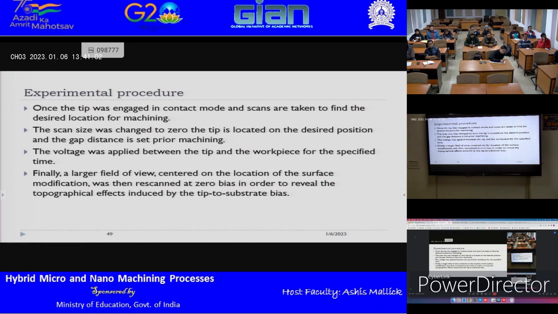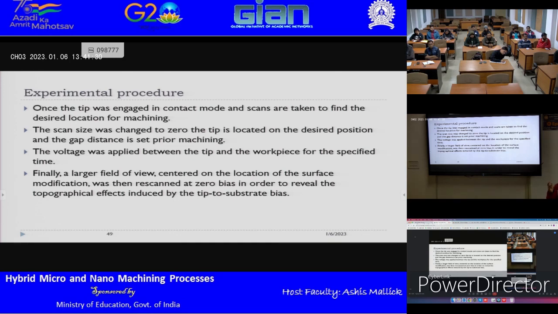Okay, so how was it done? The experimental procedure. Remember, for the STM based one, we first scanned the surface that we were going to machine, so that we could get the information about the surface. But for AFM, you need to engage in contact mode. AFM contact mode is why most of the nanoscale mechanical machining processes have been done by AFM.